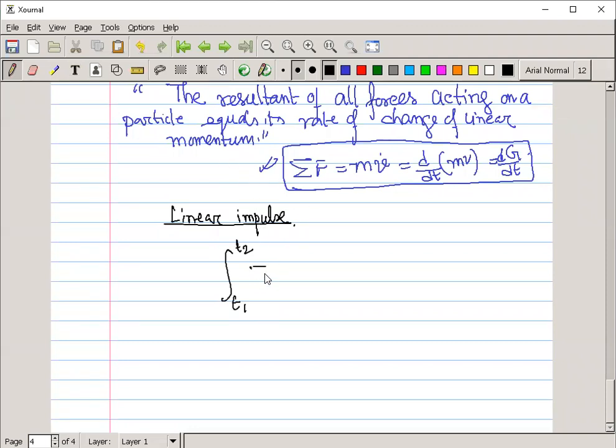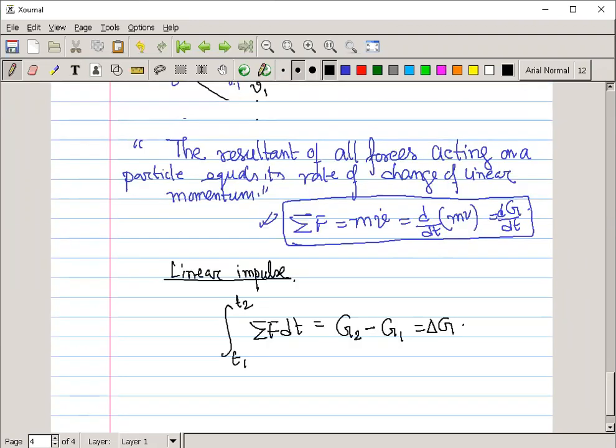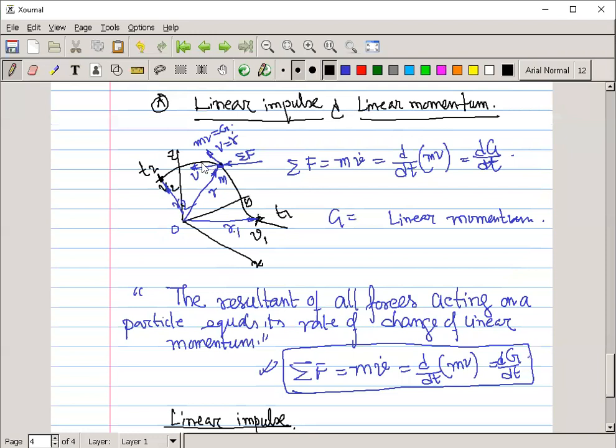Then for that specific period of time, if we apply that force, then we can write g2 minus g1 is equal to del g. Why can we write this? Because in this position 2, there is a certain momentum.